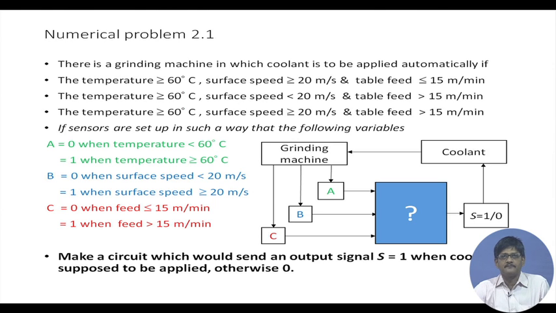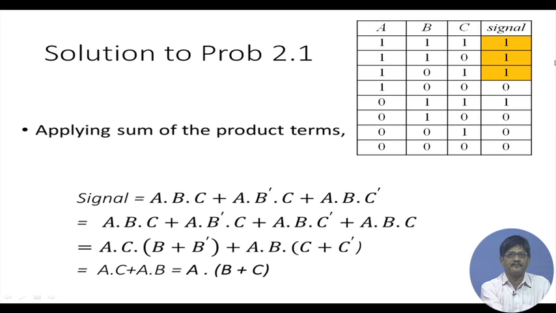So, look at the picture. The grinding machine has 3 outputs and there is a black box to be designed by you which sends out S, which should be 1 when coolant is to be applied and a 0 when coolant is not to be applied. So, let us see what this circuit should be like. First of all, we have pinpointed the 3 cases where the signal is supposed to be 1.